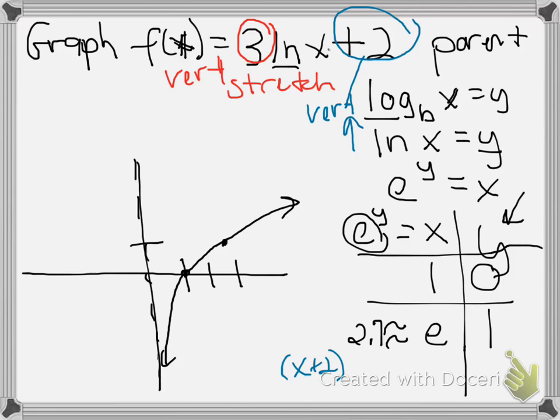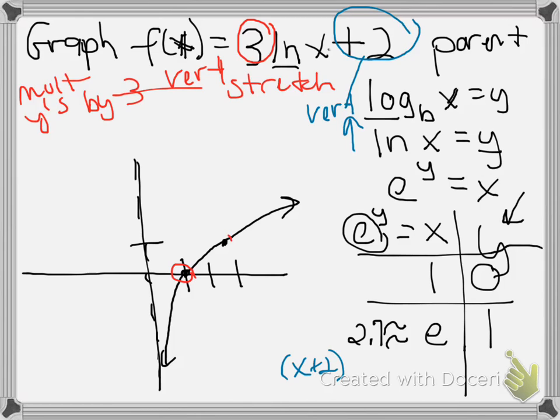I'm going to change to red. Vertical stretch says to multiply your y's by 3. If I look at this point right here, that y is 0. If I multiply it by 3, I still have 0, so that point's not going to move.